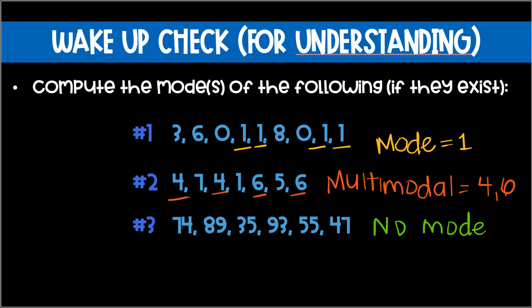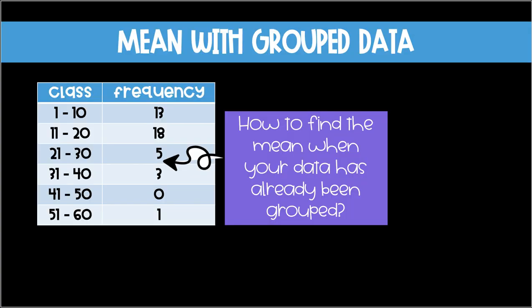Okay, now how do we compute the mean when we have grouped data? Meaning that you have your data already arranged in a frequency distribution, which is a table with the count of each class. We don't have our raw data. We don't have the values. For this frequency distribution right here, I only know that I have 13 values from 1 to 10.